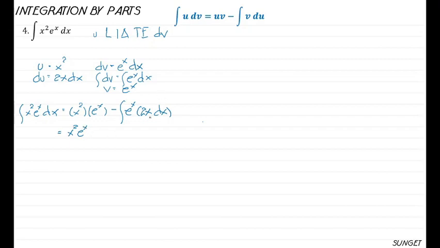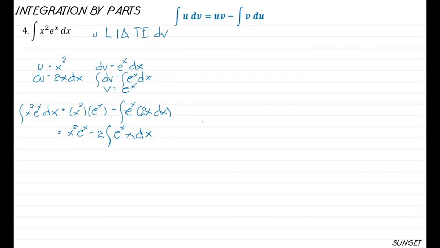By the constant multiple rule, we have x squared times e raised to x minus 2 times the integral of e raised to x times x dx. So the right-hand side contains another product of two functions, e raised to x times x, so we will apply integration by parts to this integral.